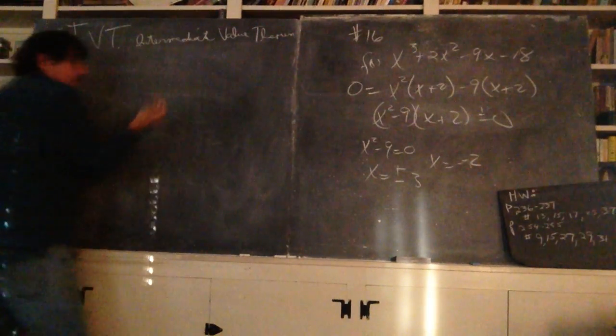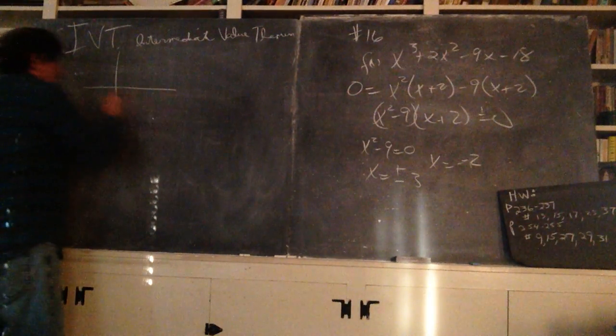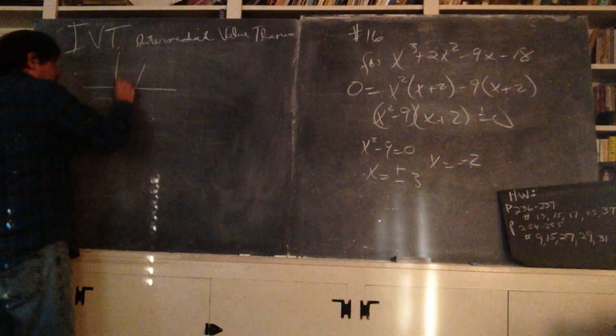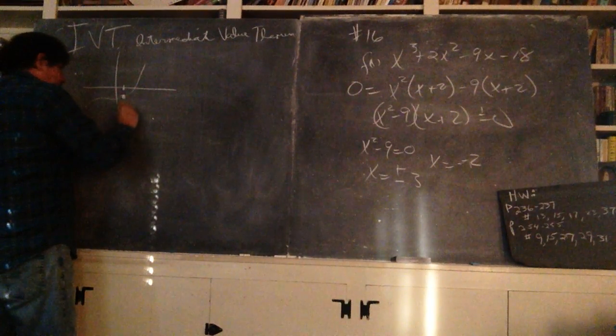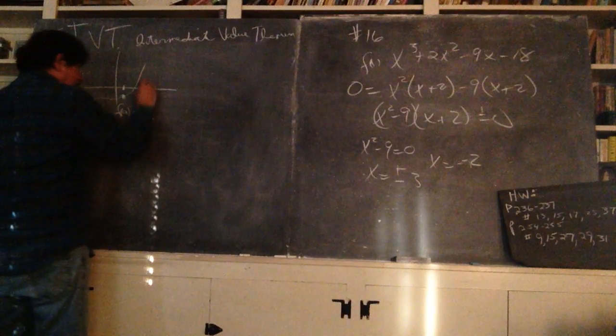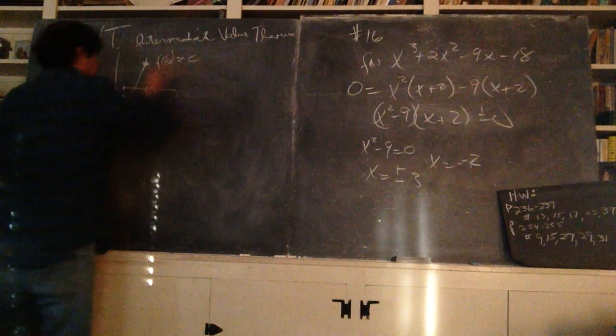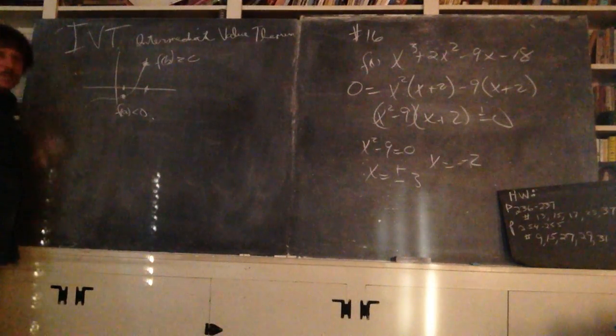But all it's saying, here is a picture of it. If you have a function going like that, and you have a point here, f at a is less than 0, and a point here, f at b is greater than 0, that means there has to be a 0 in between.